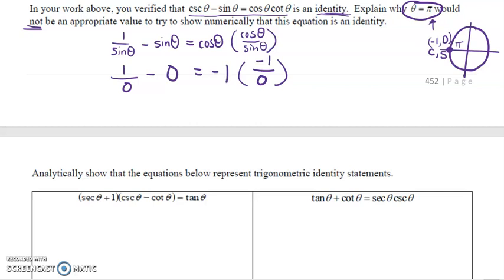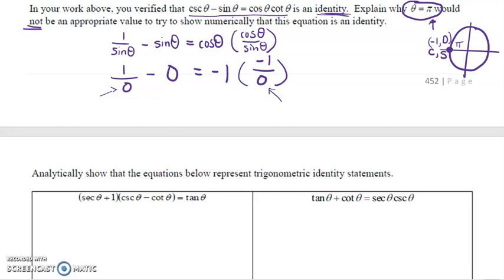Now, if you were to actually try to solve this, hopefully you realize something tricky is going to happen, because we actually have two spots where we have a 0 in the denominator. And we know we cannot divide by 0. So when I say you can choose any radian value you want to test it, technically that is true.